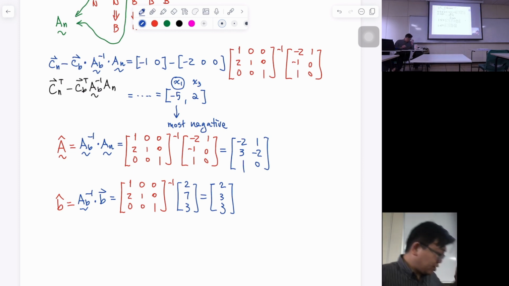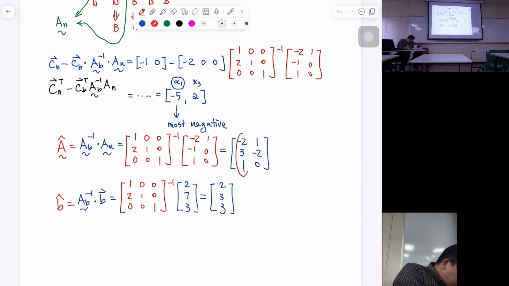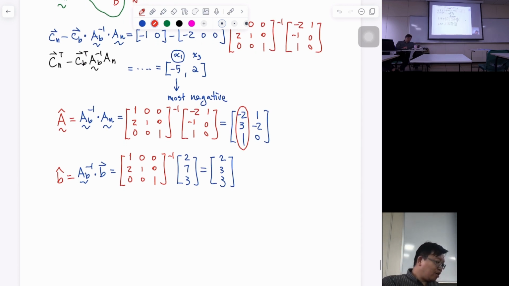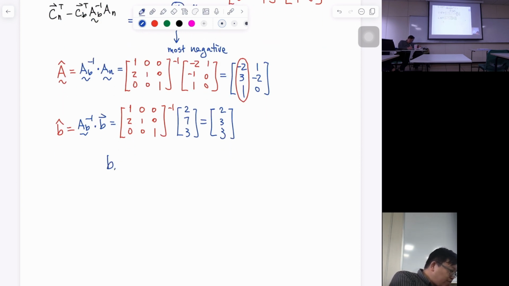I just used MATLAB to compute, and this is my jth column this time because the first one was chosen with the most negative coefficient in the objective function. Now I'm going to do the ratio test, bi over a hat ij.